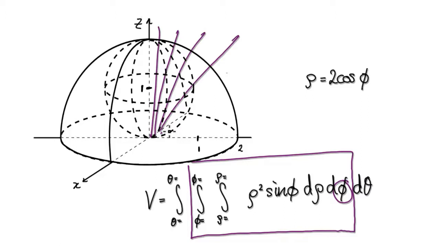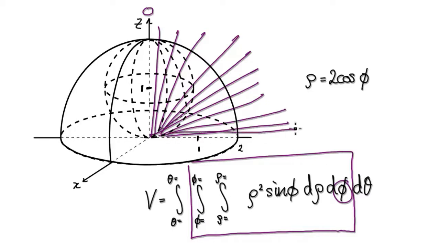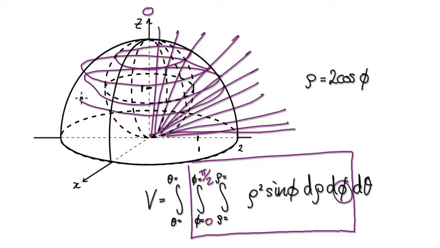Phi is scanning along like this, from an angle of 0 to an angle of 90 degrees, which is pi over 2. So it's actually doing this, and so on.